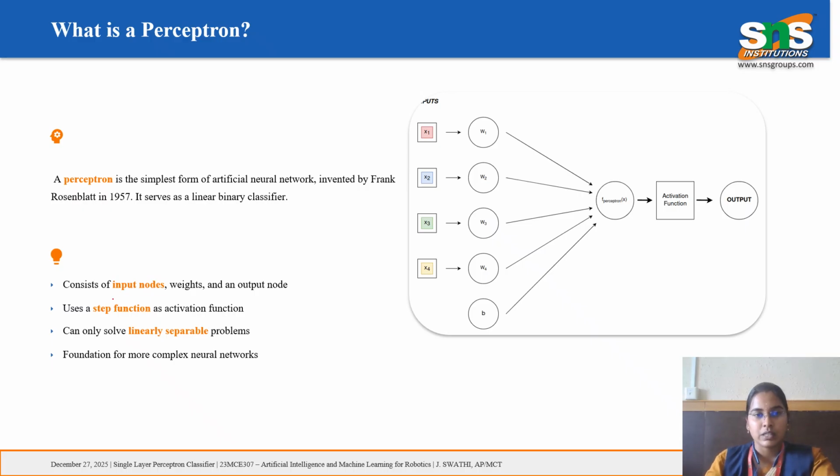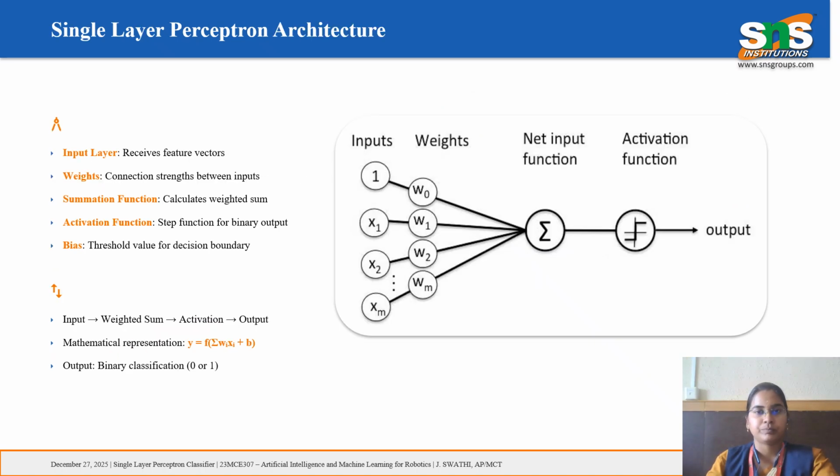It consists of the input nodes, weights and output node, and it uses the step function as the activation. So whatever the activation we can use, but here it uses only the step function, either 0 or 1, and can solve linearly separable problems. Yes, it is 0 and 1, so it is linear. So we can only use it for linear problems.